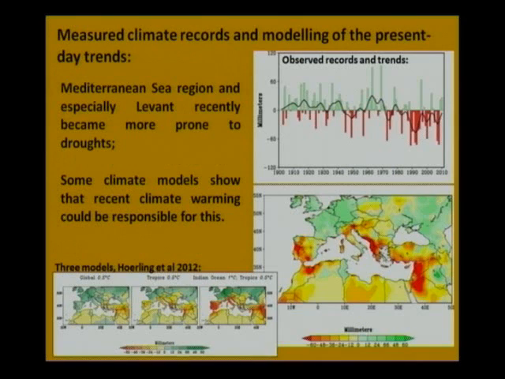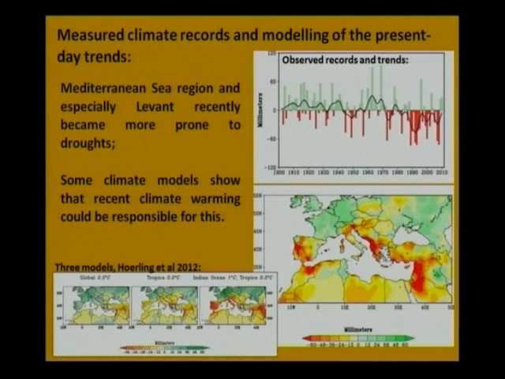And then there is modeling that is trying to do it. For example, this is a Hurling paper of 2012. They tried to find a model explaining the aridity of the Mediterranean that developed during the last 2-3 decades, and tried to explain this trend by different warming scenarios.